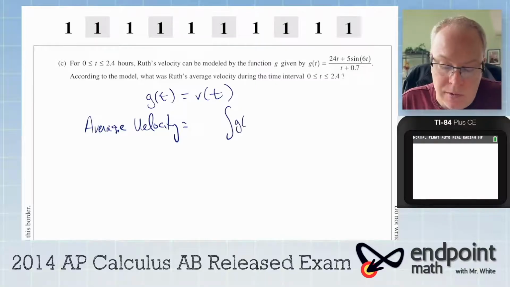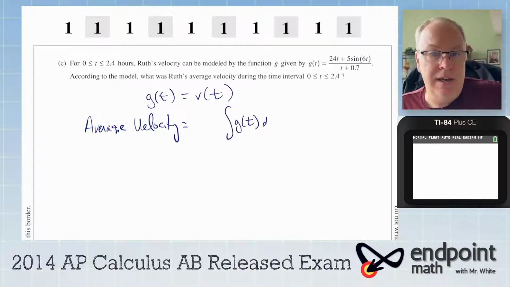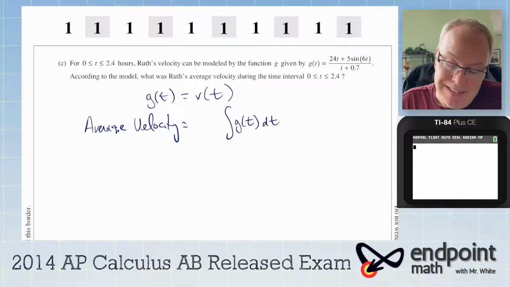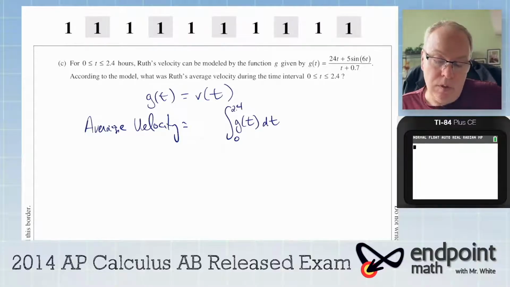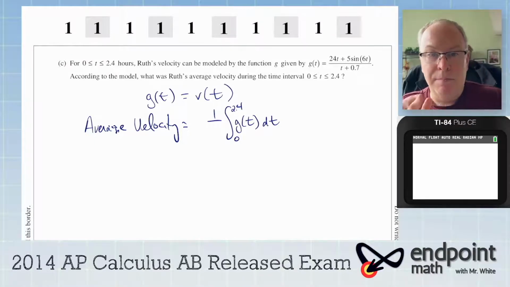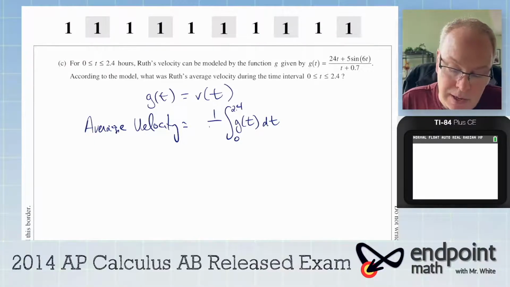Don't waste time rewriting it, folks. g of t, and that is going from 0 to 2.4, right? And then you have to divide by how many there are. So that is the b minus a part. So it ends up being 2.4.